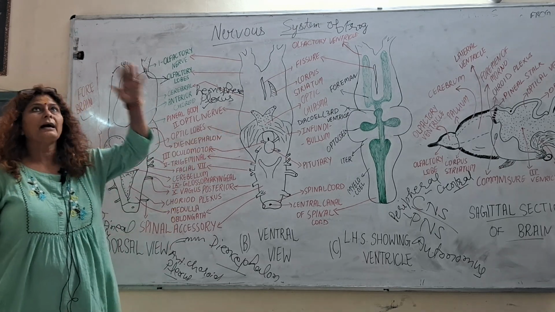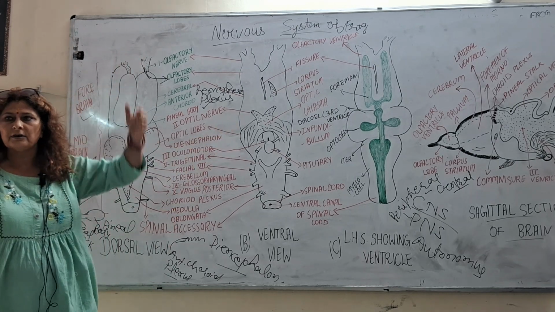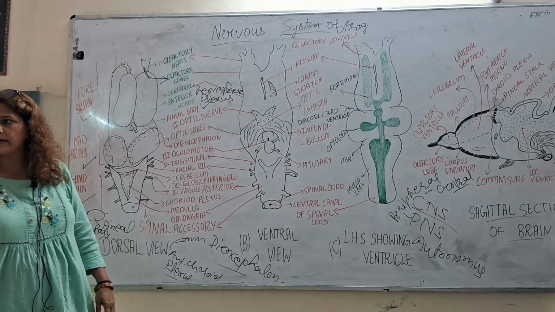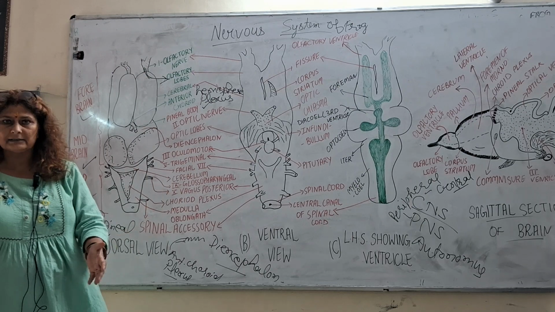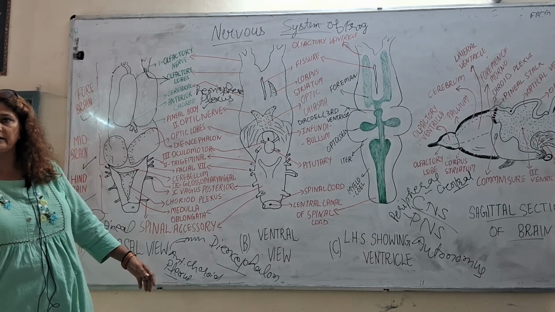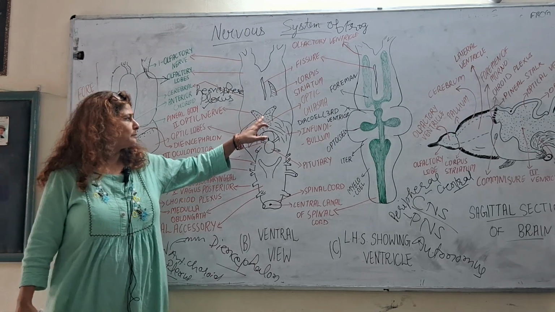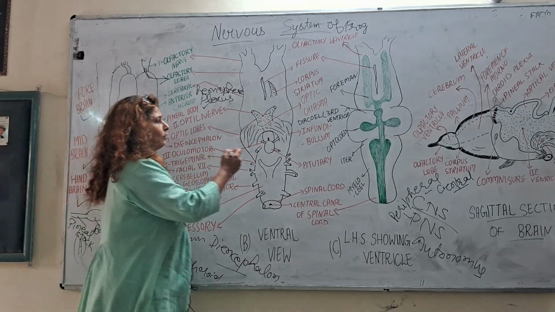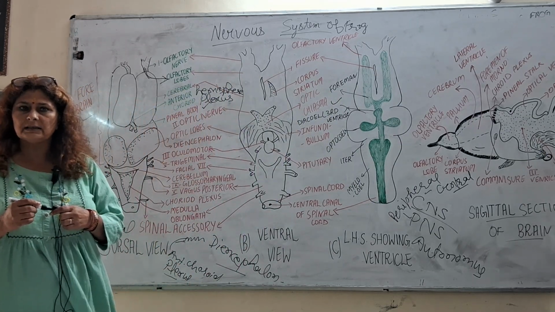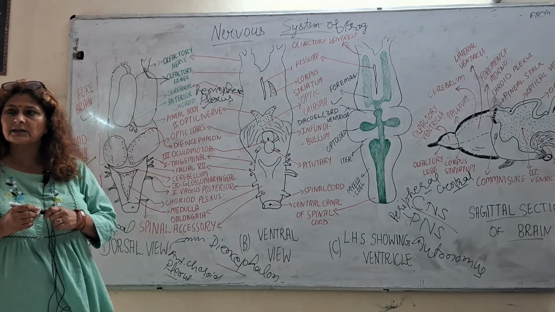Now that was on the roof side, but on the lower side, the floor side, in the diencephalon, you can see this chiasma. First you can see the chiasma. What is chiasma?